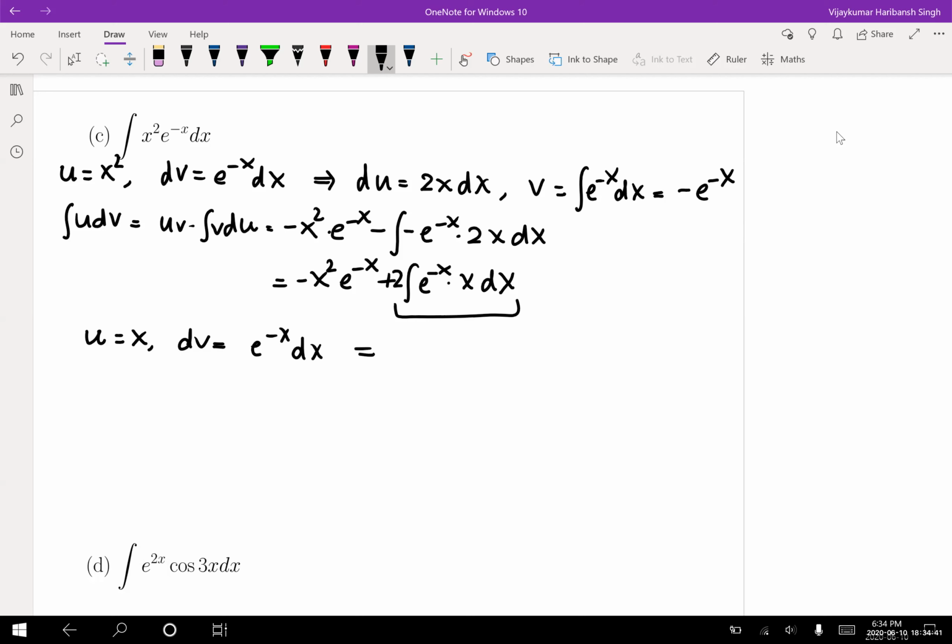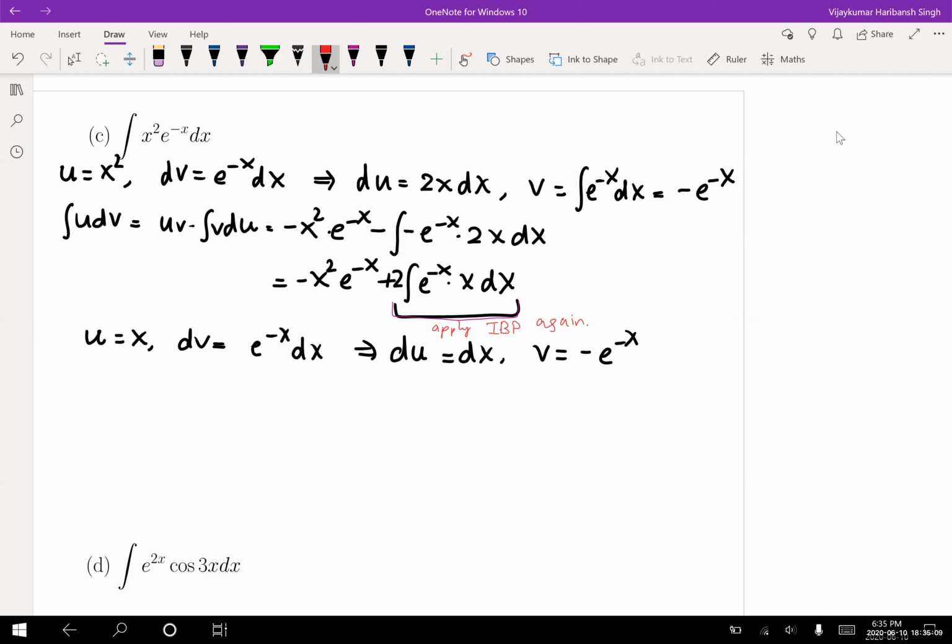So this gives me du equals dx, and v is e to the power minus x. So applying by parts again here, apply integration by parts. So for short, I'll call it IBP again.